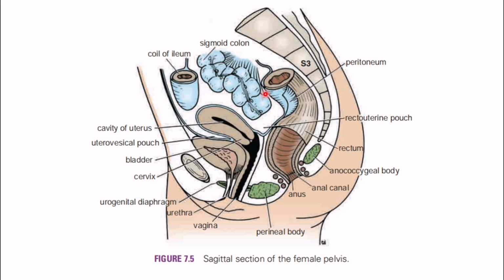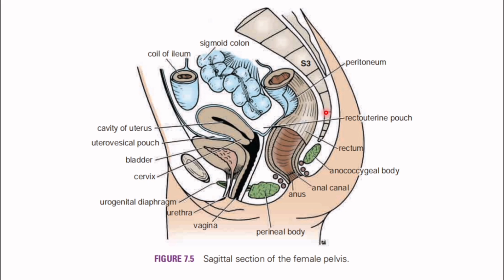Unlike the sigmoid colon, the rectum's upper two thirds are the ones which are wrapped with peritoneum, while its lower one third is devoid of peritoneum. Done. Then the rectum has anterior and posterior relations. The posterior relation of the rectum is the sacrum.